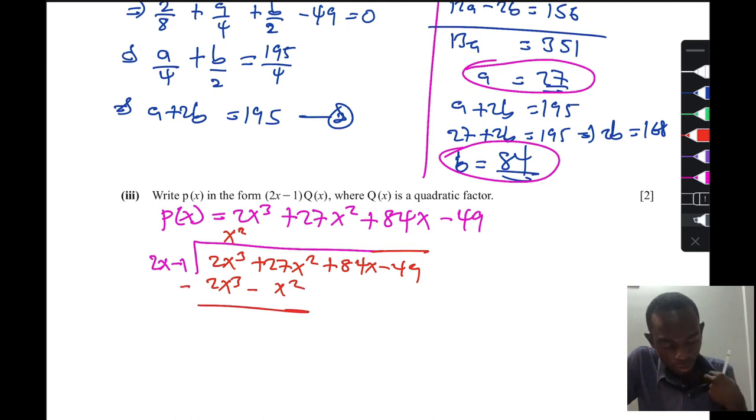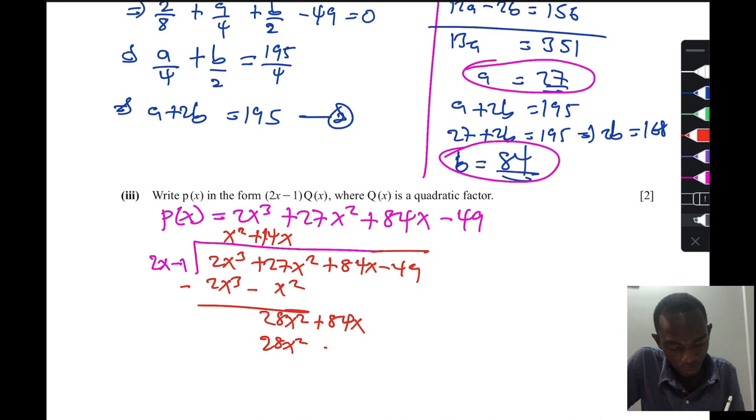When we subtract, the first term is 0, the second will be 28x squared. 2 goes into 28, that's 14, then we have x, we multiply, and get 28x squared minus 14x.